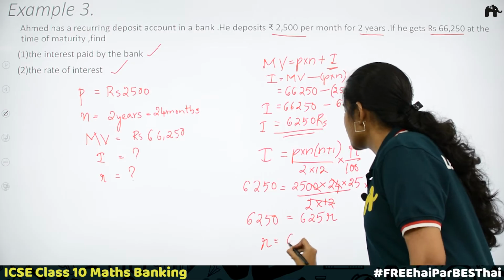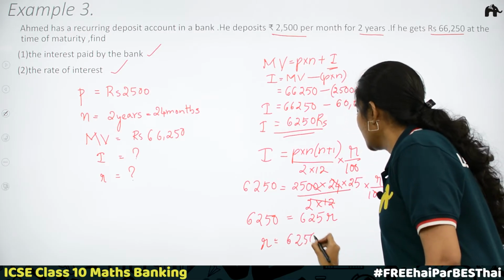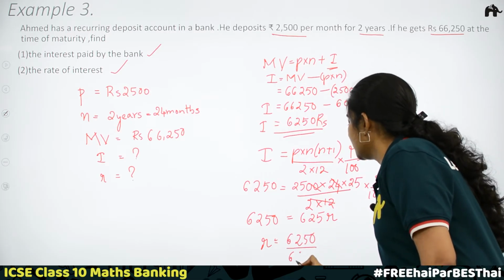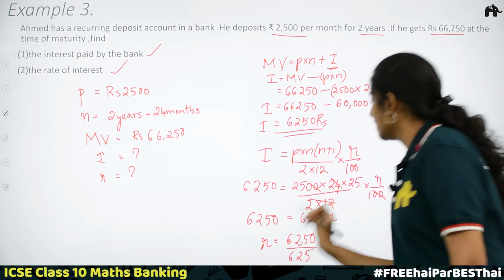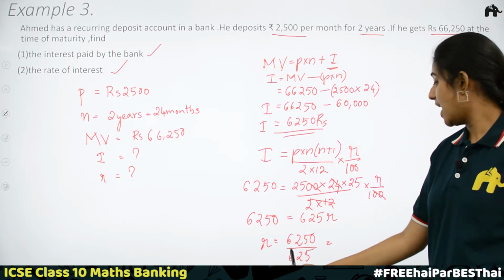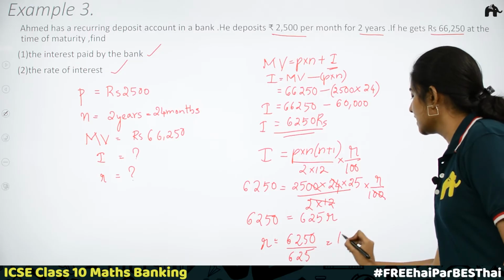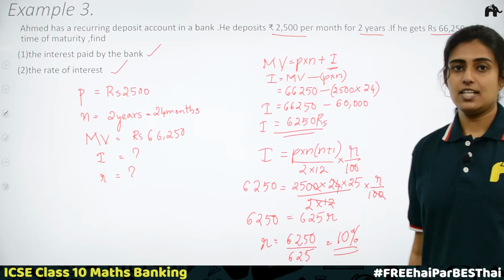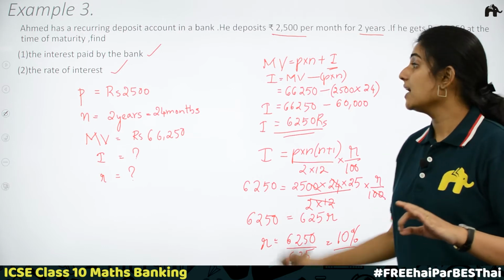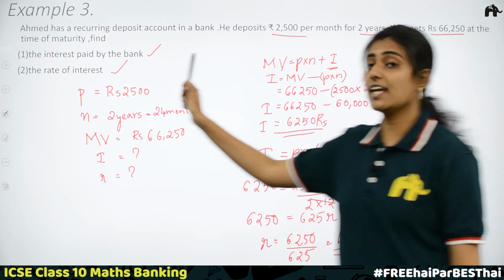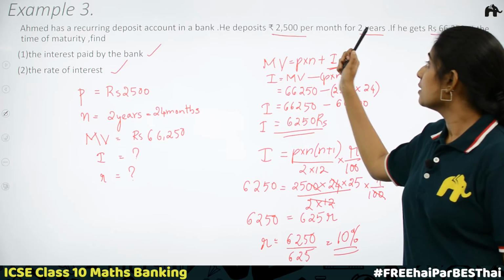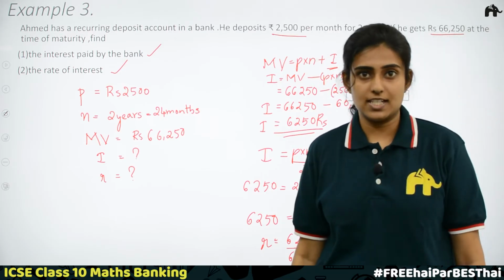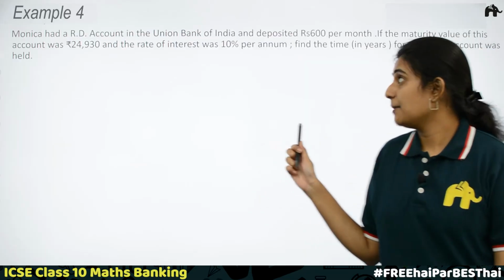R is equal to 6,250 divided by 625. 6,250 by 625, you will be getting 10. 10% is the rate of interest. This is the third type of problem where we are finding the rate of interest when maturity value is given in the question. Understand?